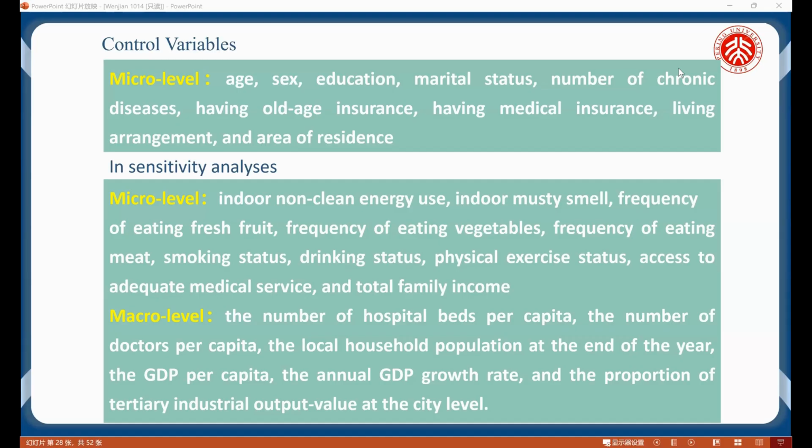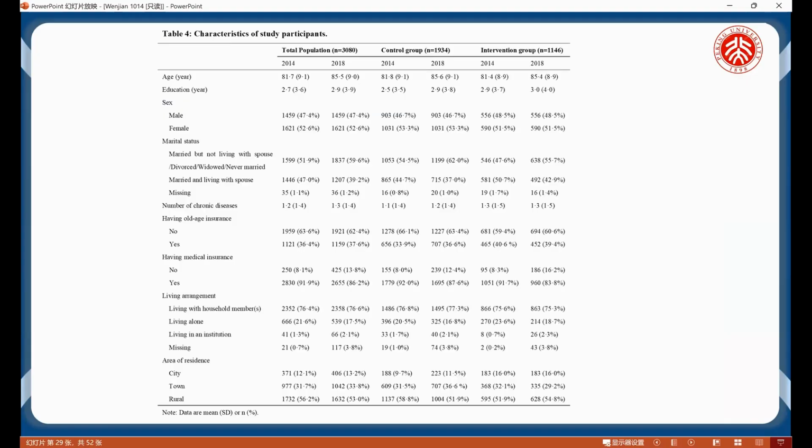We further include some macro level variables at the city level. This table is the characteristics of study participants.